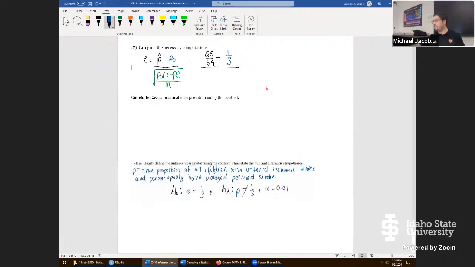So let's now put in the rest of this stuff. It'll be the square root of p naught once again, which is 1/3, multiplied by 1 minus 1/3, could just put 2/3 there if you'd like. I'll write out this way, just so there's a paper trail in the notes. Then divide by the sample size, which is 59 once again.